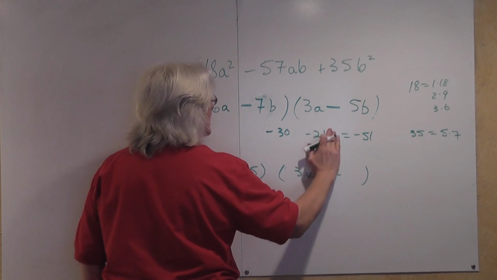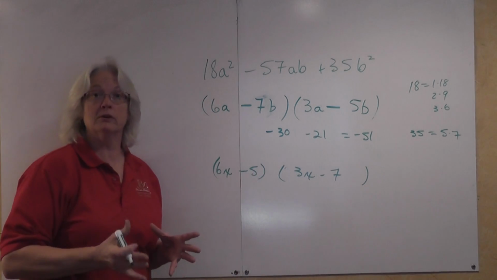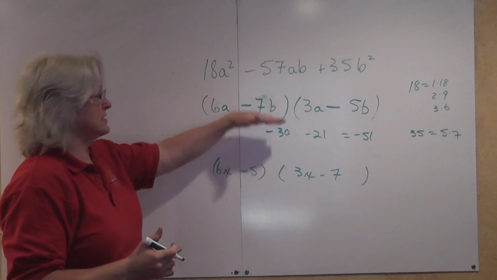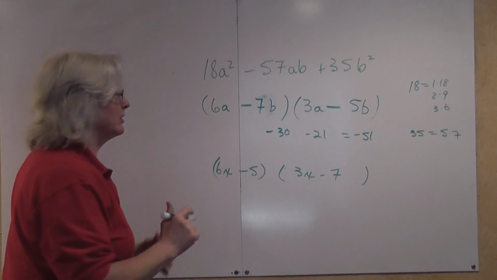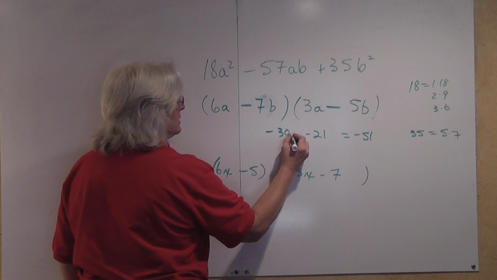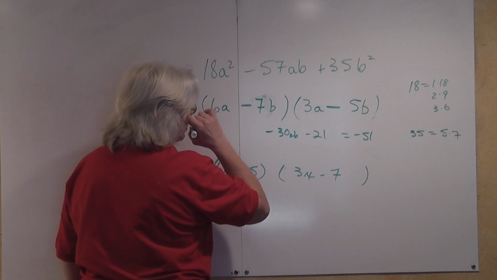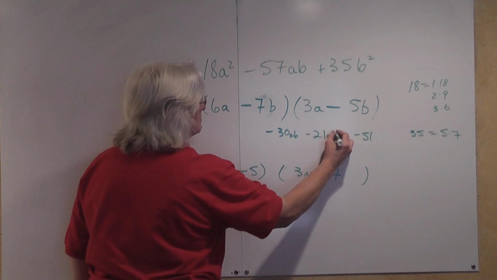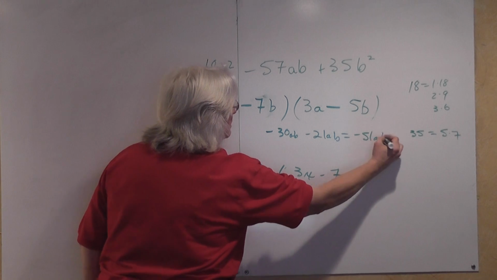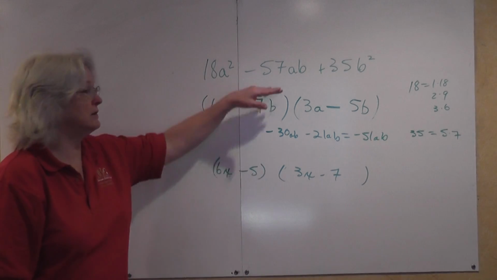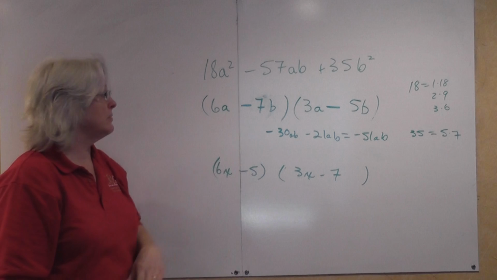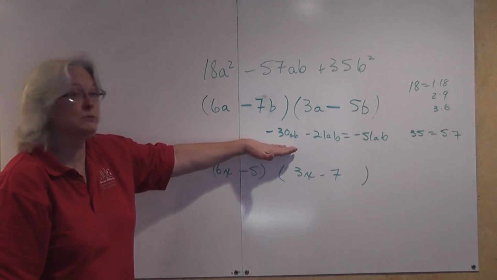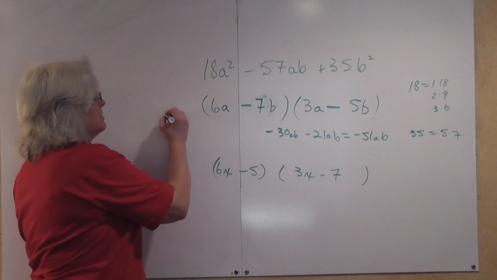Does not change the truth of this example as I'm working it out. I just had my variables wrong. Negative 30ab minus 21ab, negative 51ab. We're trying to get a negative 57ab. This one doesn't work, does it? Nope.